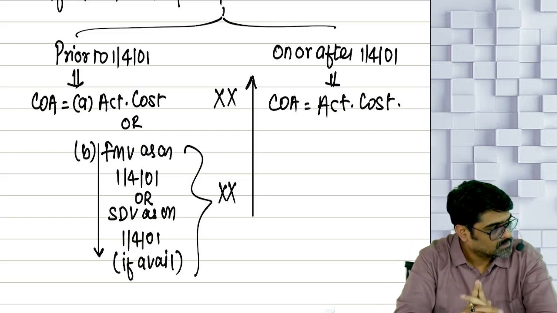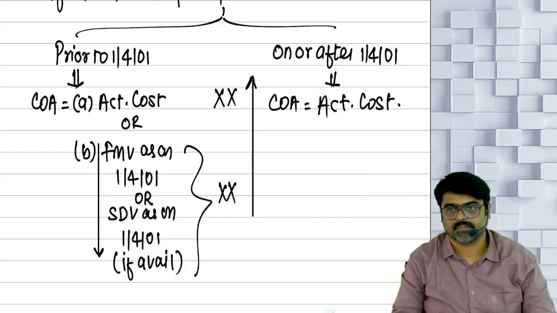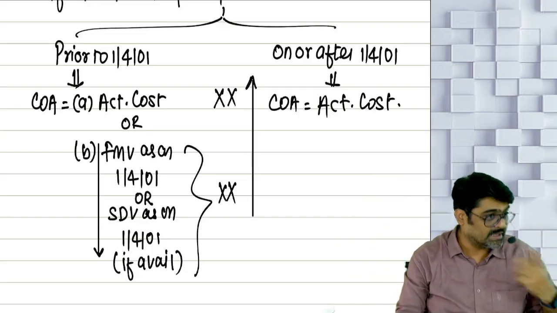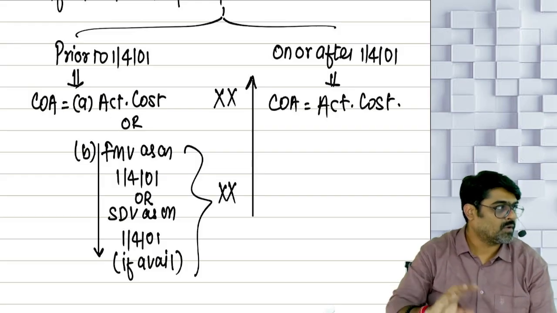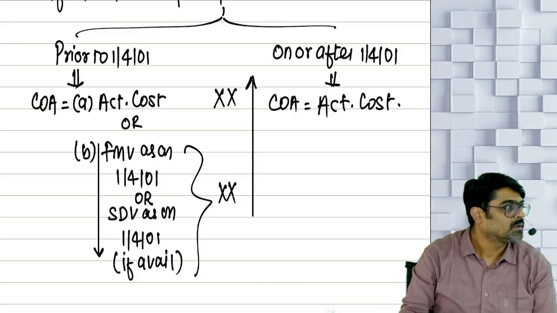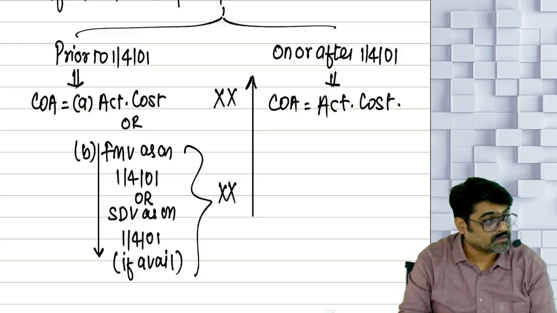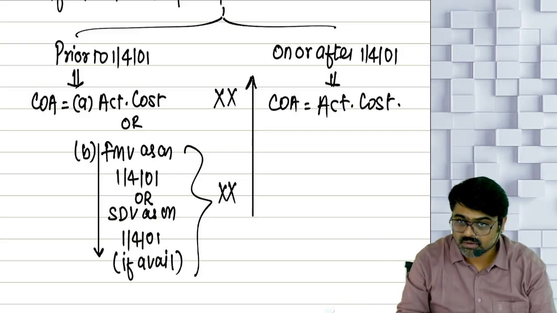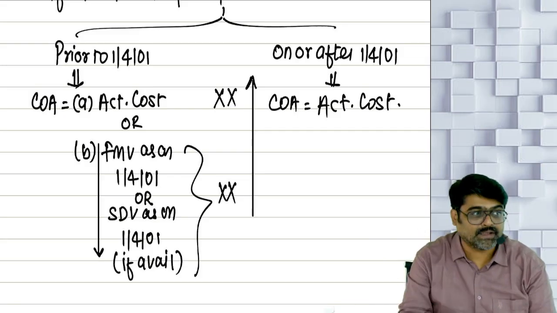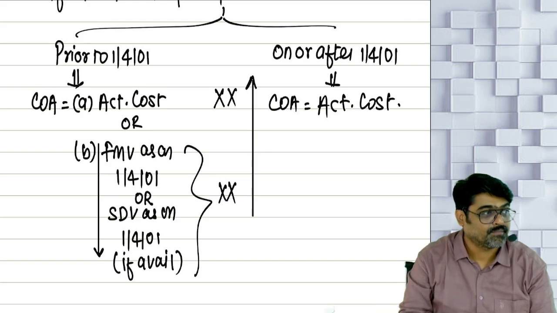Understood? Now for all assets, the cost is this only. But for a few assets, we are telling you that you are supposed to take a different cost. So now first we are going to learn what they say about intangible assets, what they say about financial assets, and then about the listed equity shares whose long-term gain you are going to calculate under section 112A.